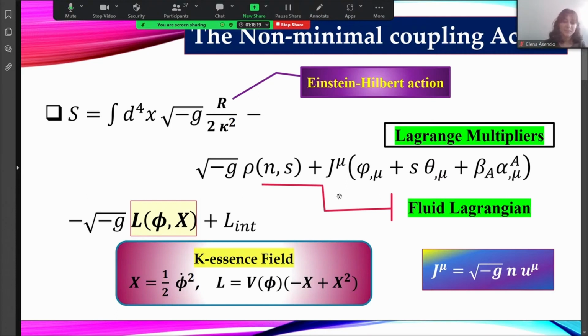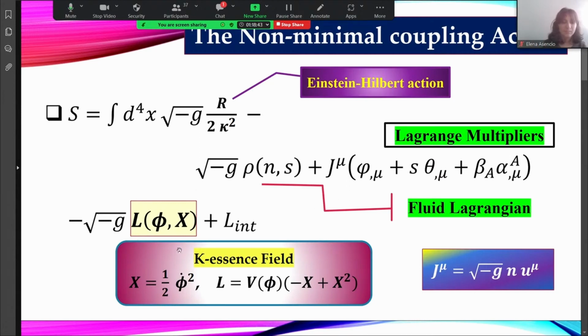And because these are scalar, then it becomes simply partial derivatives. These Lagrange multipliers can have some physical meaning. For example, theta becomes the gradient of temperature. Similarly, phi becomes the gradient of potential, and we have this entropy.